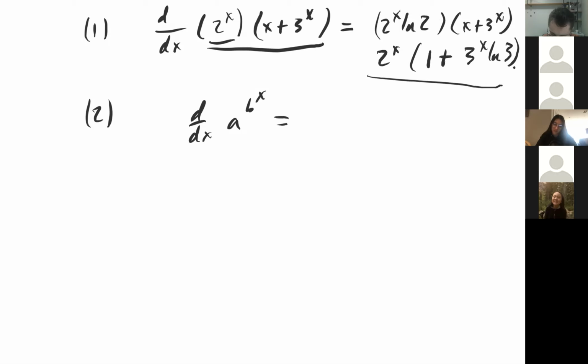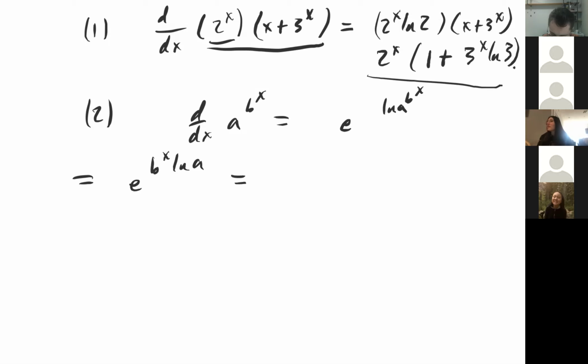Great. So what we do is rewrite this again as e to the ln a, all to the x, and then we can rewrite this as e to the x ln a. Now we can take the derivative.